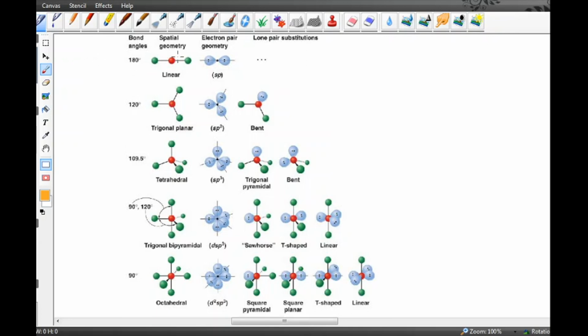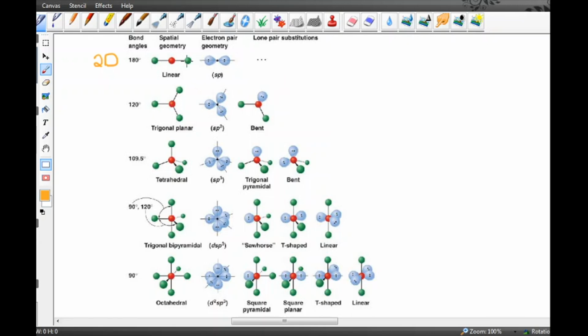When I talk about domains, I'm talking about areas around the central atom where bonds or lone pairs could exist. So in this linear geometry, we're talking about 2 domains. And the only way to have 2 domains is to have 2 bonded domains. So you don't see anything here with lone pair substitutions because both of our domains will always be bonded.